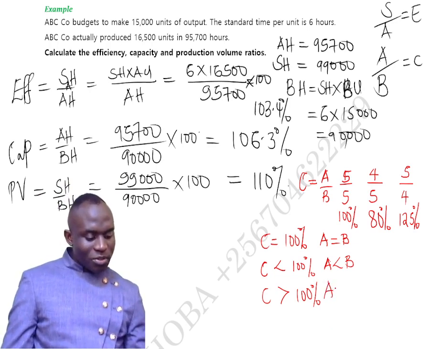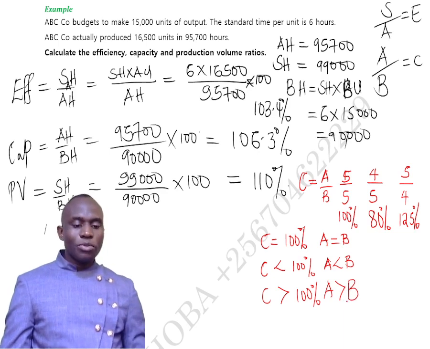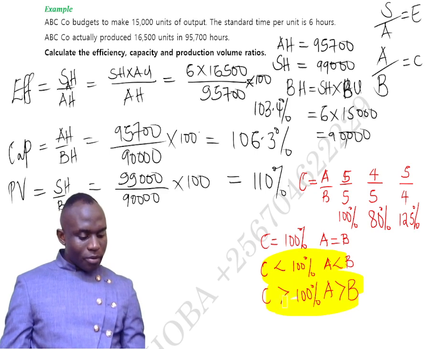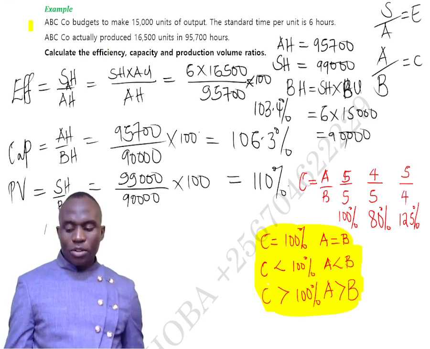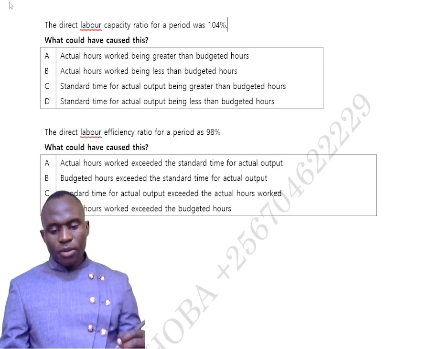It means actual is greater than the budgeted hours. So don't cram this part, just understand it, because they can ask you efficiency or production volume.